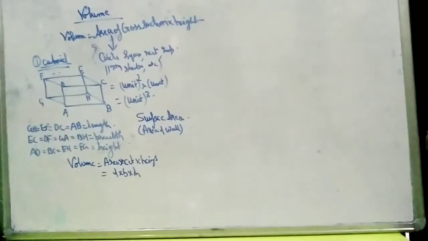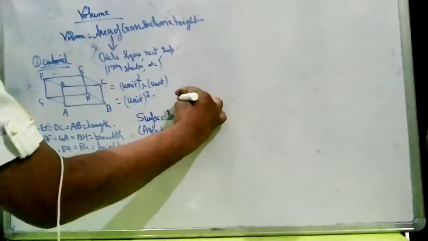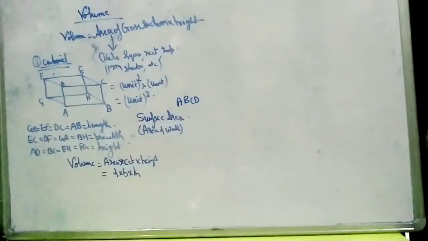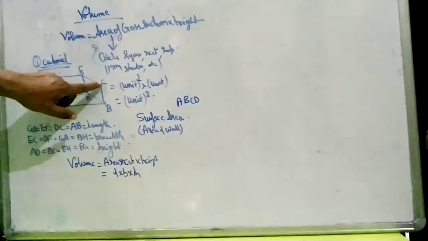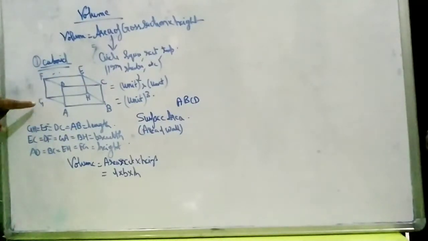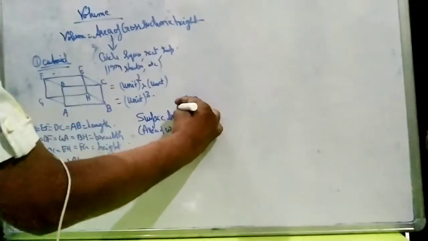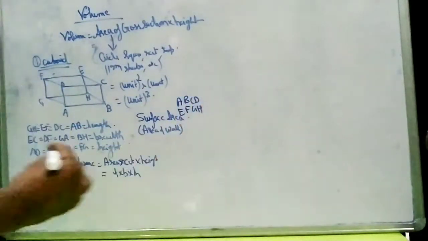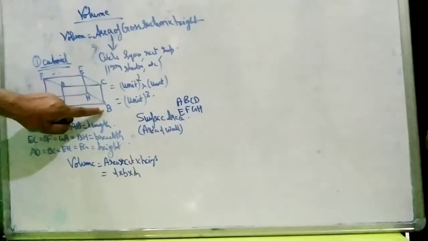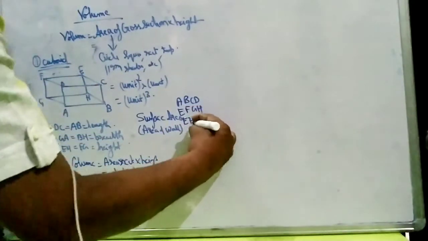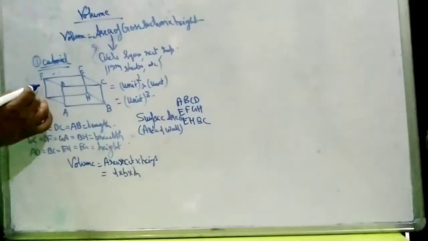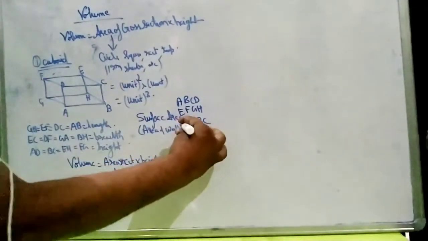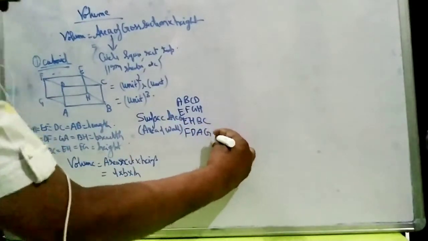Four areas: area of ABCD, area of EFGH, area of EHBC and area of FDAG.